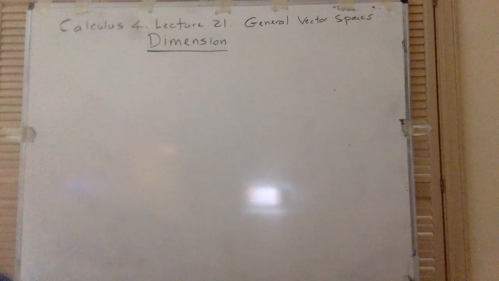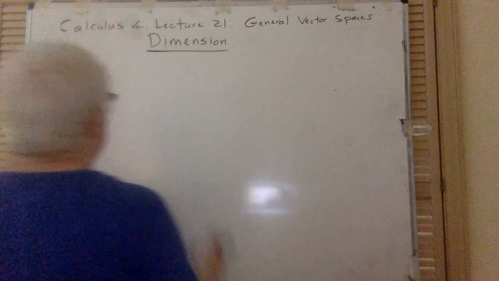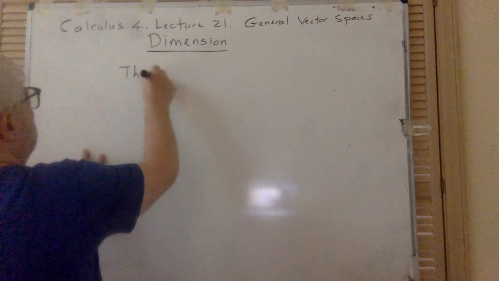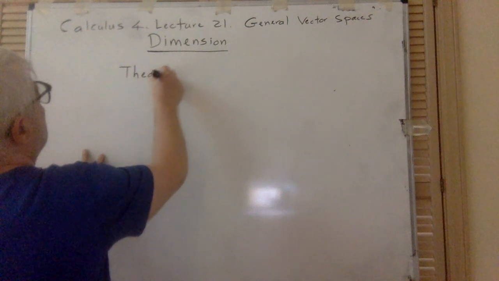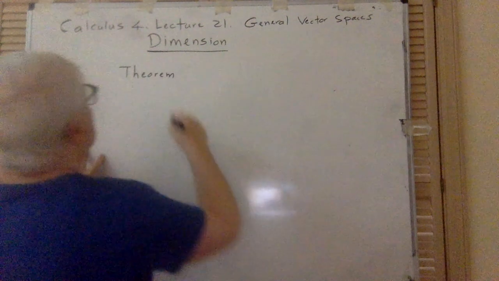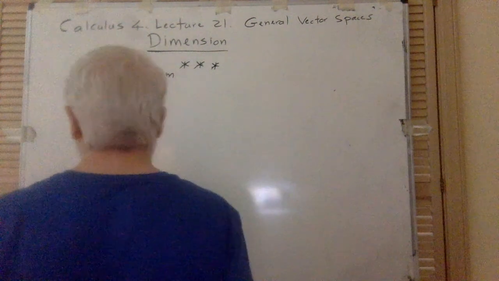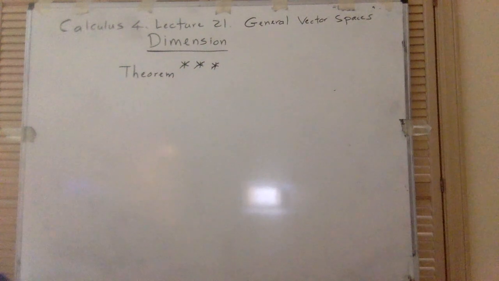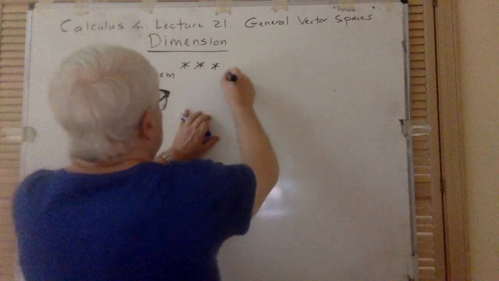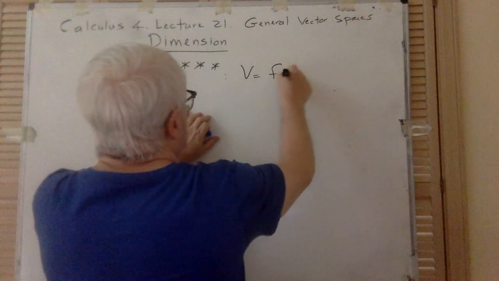Then we have other theorems. This theorem is: let W be a subspace. Again, I used it, but as you see, I just put the stars on top of every one of them. So let V be a finite dimensional vector space.